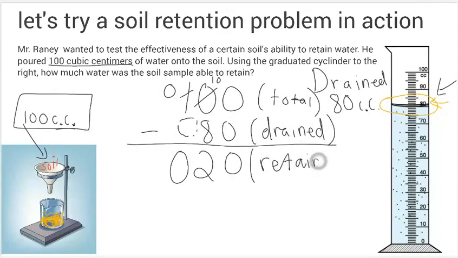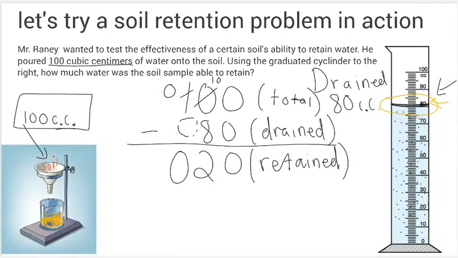And it represents our retained because we saw 80 cubic centimeters was drained. 80 was at the bottom, in our graduated cylinder, in our beaker.